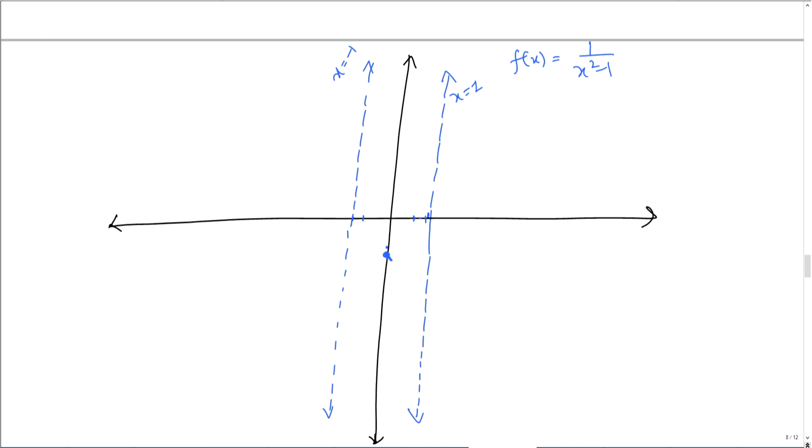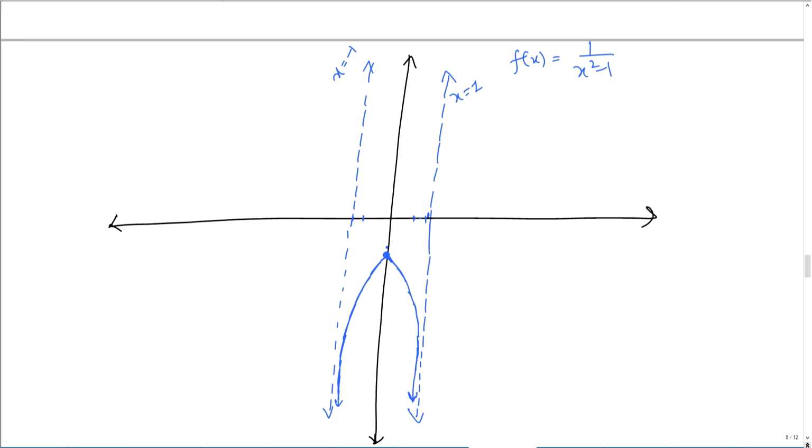So basically the graph goes like this. And it should go in the same way in both directions. Similarly, in this direction, because you have the x square term, the graph also goes like this.